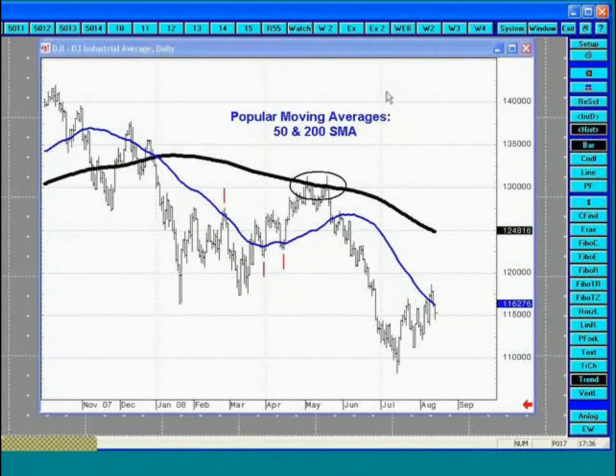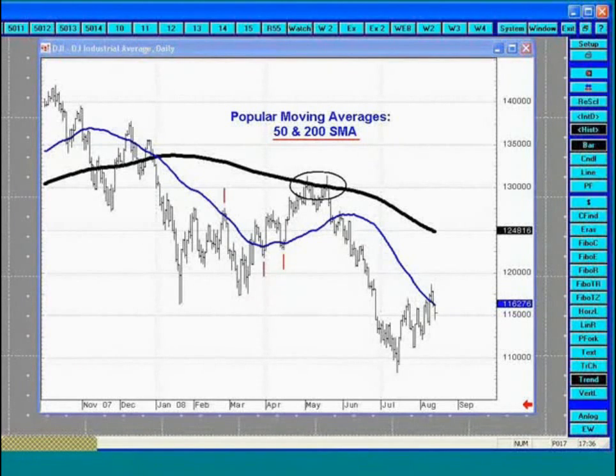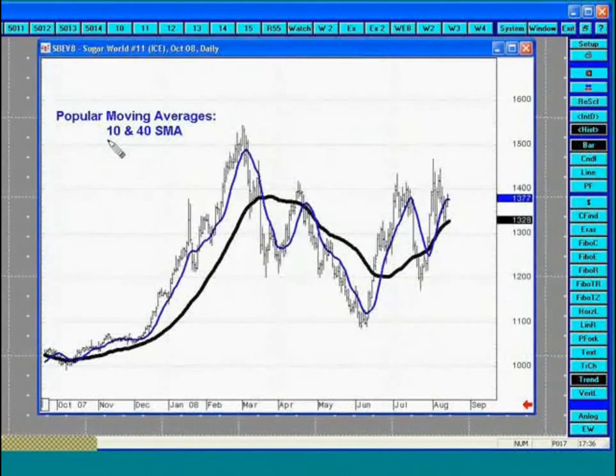So we have the 50 and 200 period simple moving averages, and this is for the daily time frame, daily price charts. Now, when it comes to other markets, for example, commodities, the 10-period and 40-period moving averages are very popular with regard to commodities.